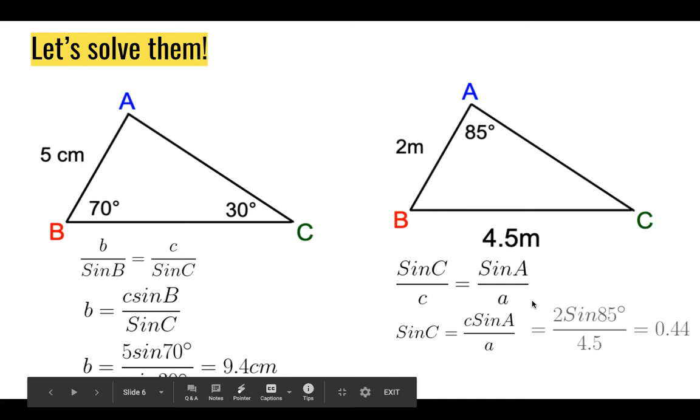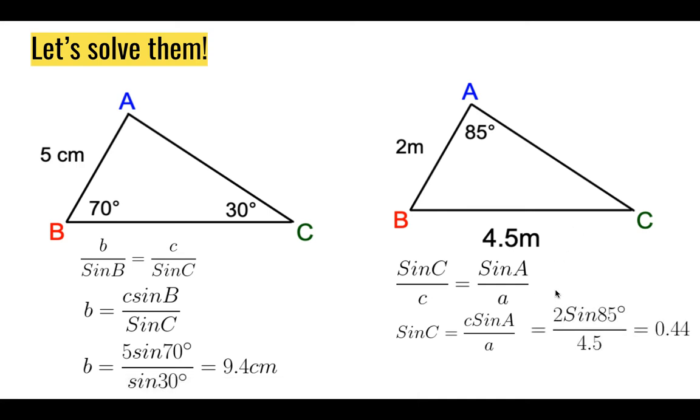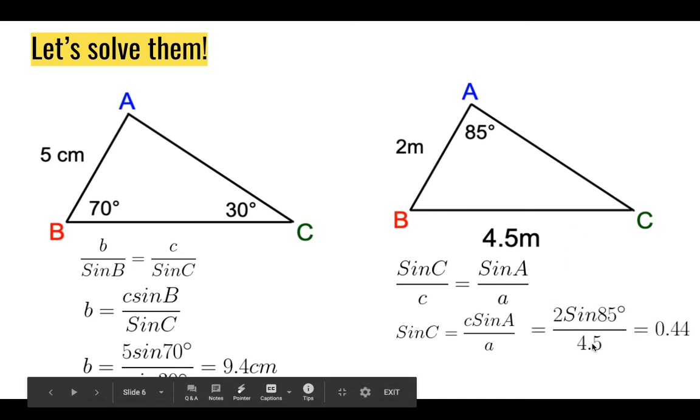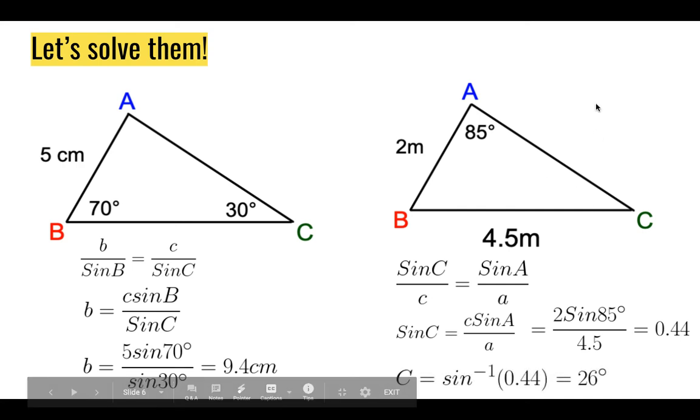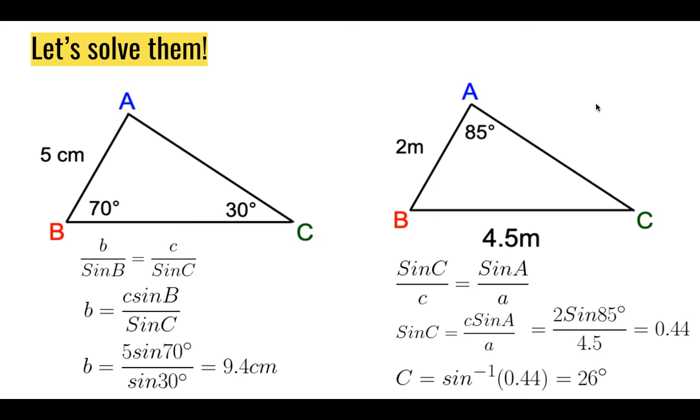So let's plug our numbers in. So 2 times sine of 85 divided by 4.5 is 0.44. Now remember, this doesn't give us the final answer. We have to convert it to an angle, and that's where we have to use our inverse. Remember the inverse button on our calculator.